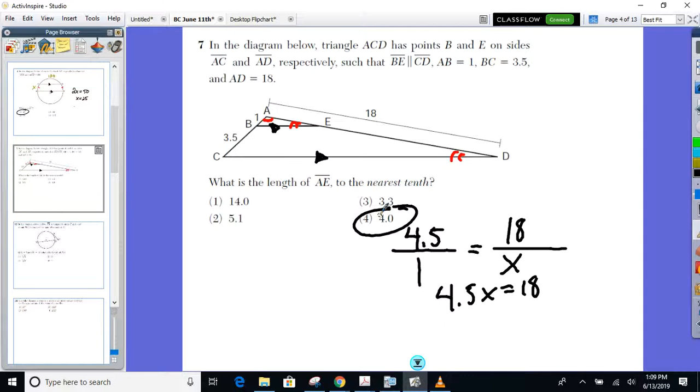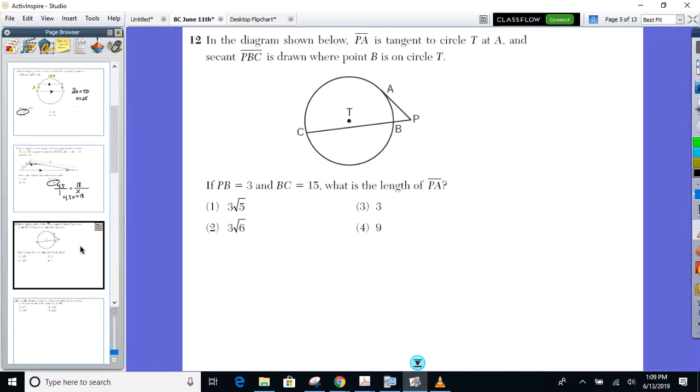Okay, again, another circle question. Just want to make sure we review all the theorems. Number 12. I think we're doing a good job reviewing the circles anyway. PB 3, BC 15. What's the length of PA?